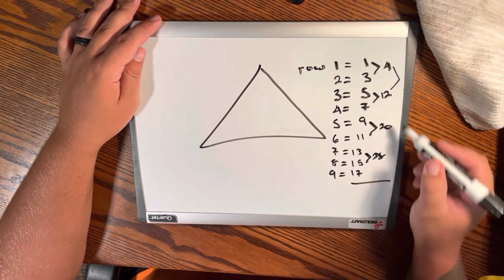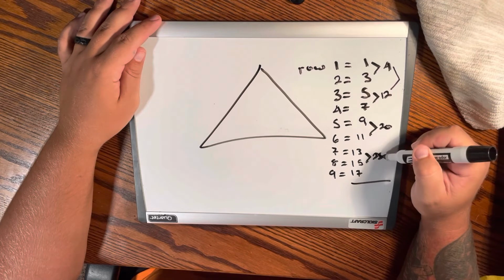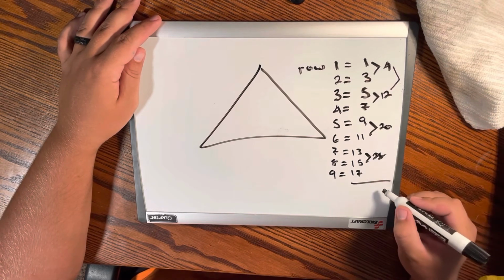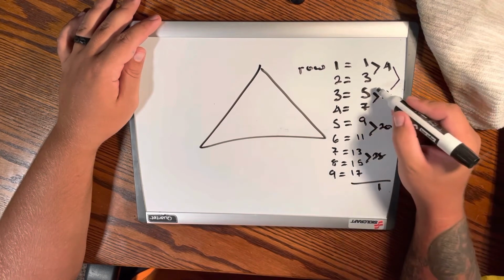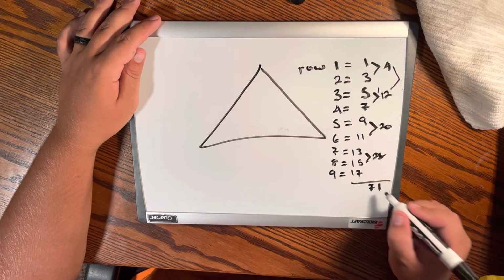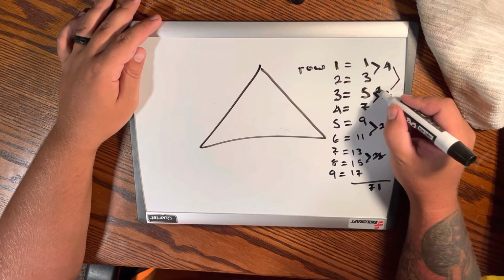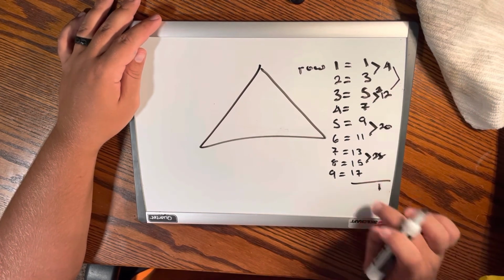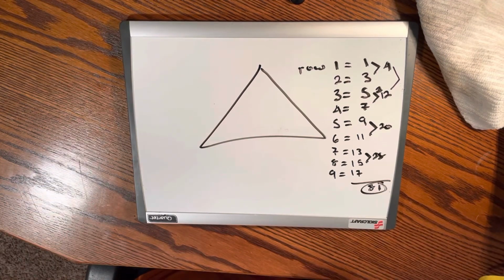Or I could just add them up like this. 4, 6, 0, 8 is 14, plus 7 is 21. 1, 2, 3, 4, 5, 6, 7. 71. Nope. 81, because that was 21, not 11. 81. So you should have gotten 81 total triangles.